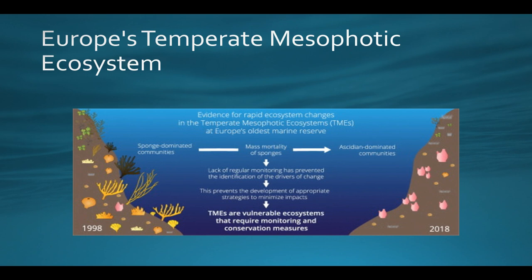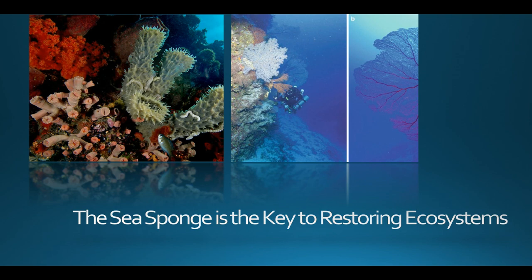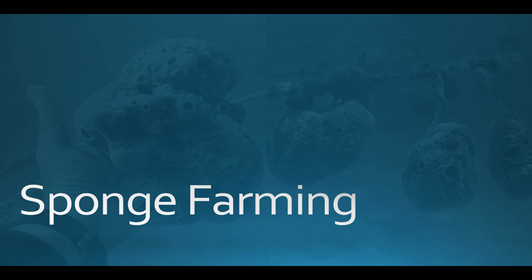So overall, I just wanted to show how sea sponges are the key in restoring ecosystems. In previous attempts to restore coral reefs with more sea sponges, they have been shown to benefit and improve these areas. Since they have been promising in TME areas, why can't we use them in depleting coral ecosystems?